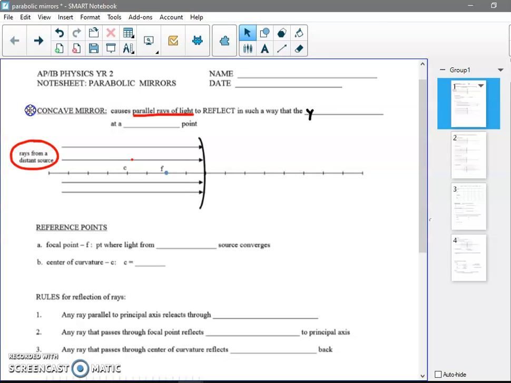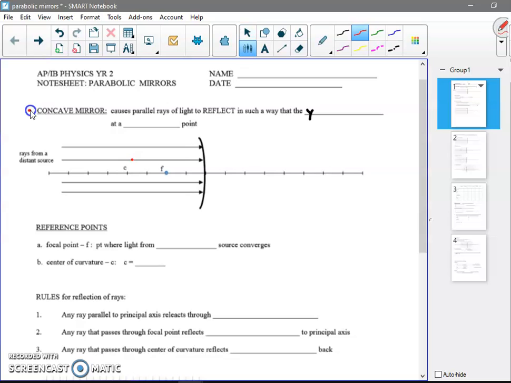So in this class, if we have a source of light that is more than, let's say, 10 or so meters away, the rays coming in are essentially parallel. Anyway, the mirror causes the rays of light to reflect in such a way that they converge. Converge is a fancy word for focus. They converge at what we call a focal point, F.